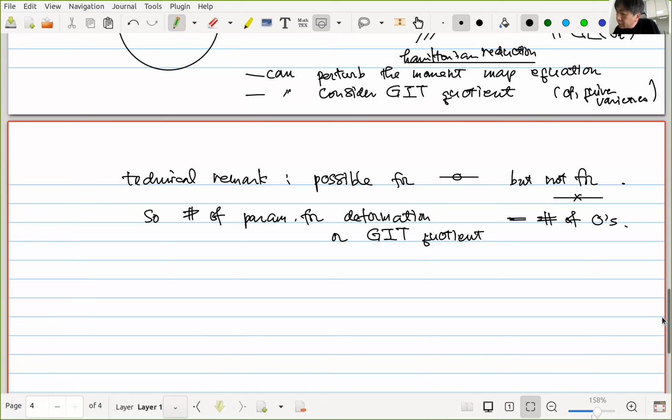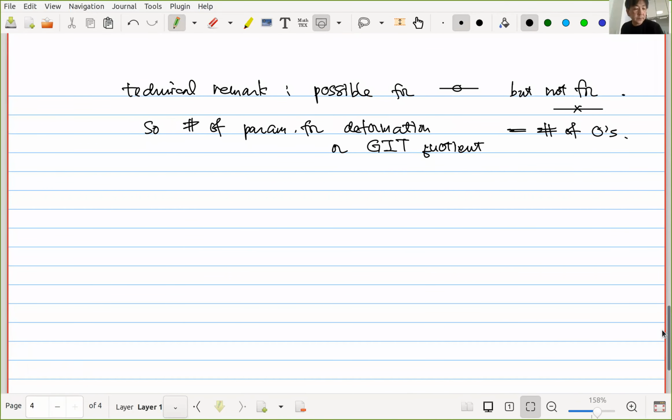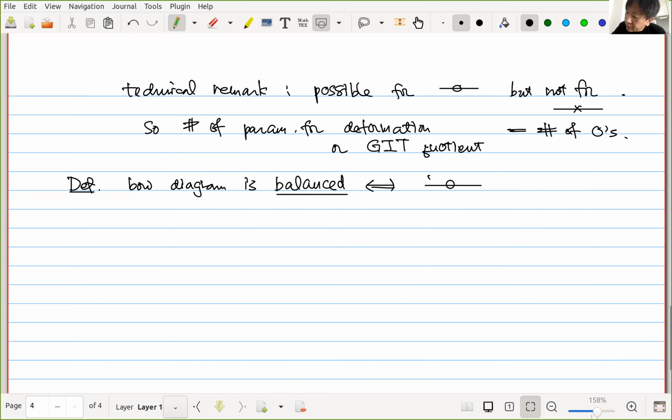Okay. Then I introduce conditions. So I say the bow diagram is balanced. For any circle, there are two integers assigned.